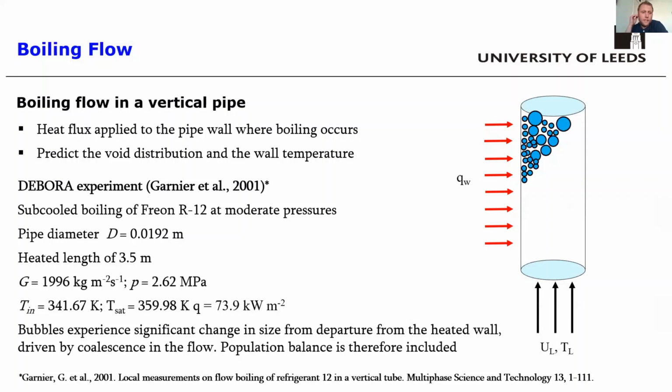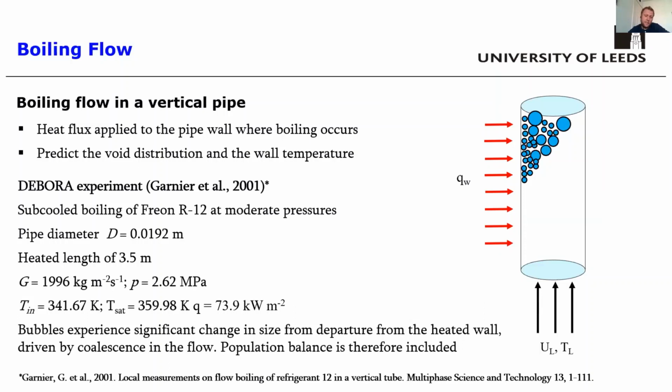So in this case, again, we have a boiling flow, again a vertical pipe with a liquid flow, and this time single phase liquid at the inlet, heat flux at the wall, and generation of bubbles due to boiling. We model this DEBORA experiment, which is available for subcooled boiling of refrigerant 12 at moderate pressure.